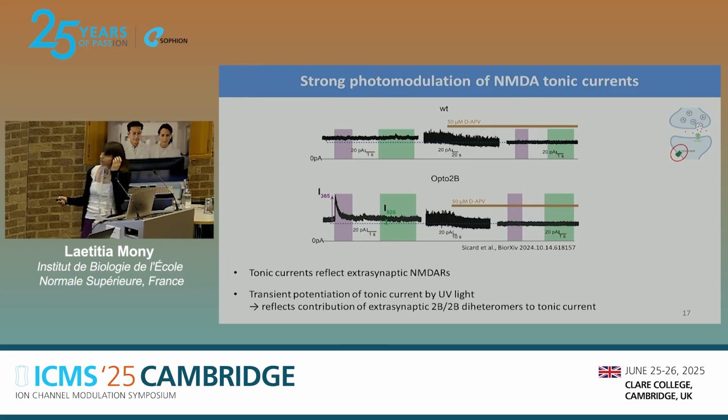In Optochemical mice, we observe a strong and transient increase in the tonic current upon shining UV light that was abolished with APV and that was not present in wild-type mice, showing that this increase in tonic current reflects the potentiation of 2B2B diheteromers. So we used this increase as a proxy to quantify the amount of 2B2B diheteromers at extrasynaptic sites.